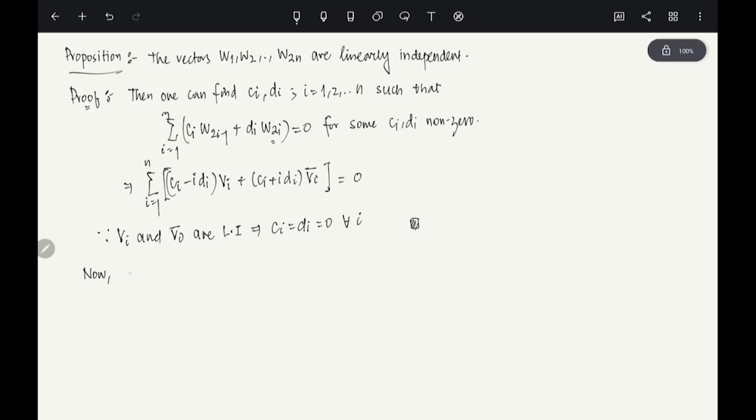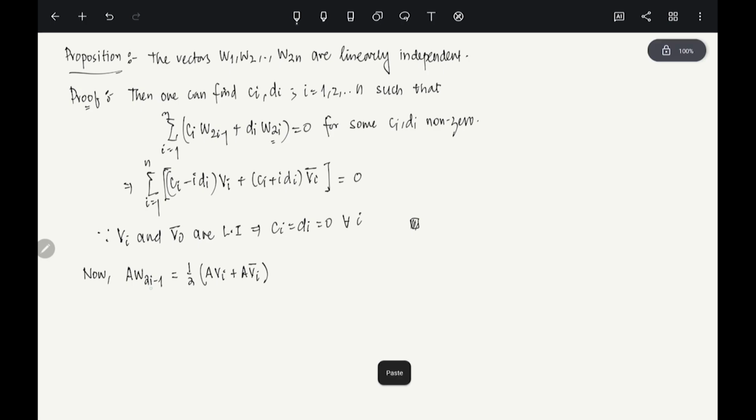Now A of W_{2i-1}, what is it? Let's look at this. This is half A of Vi plus A of Vi bar. Clear?